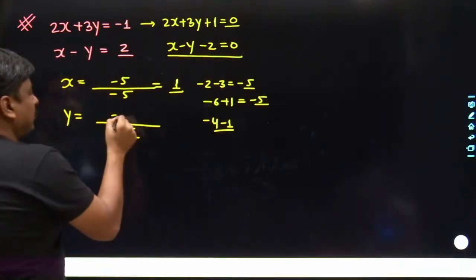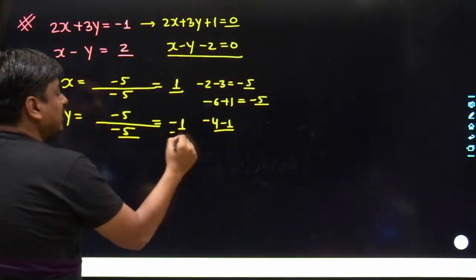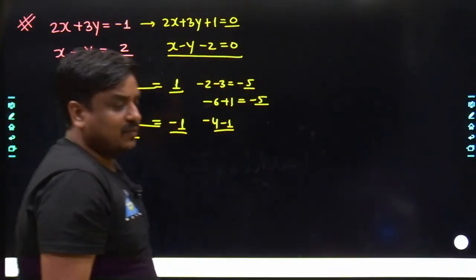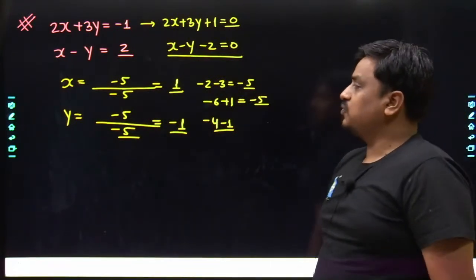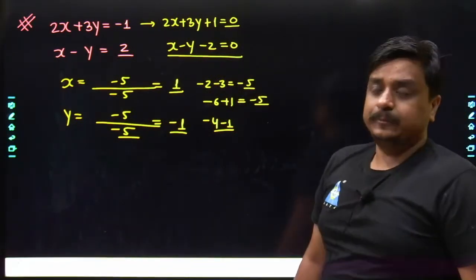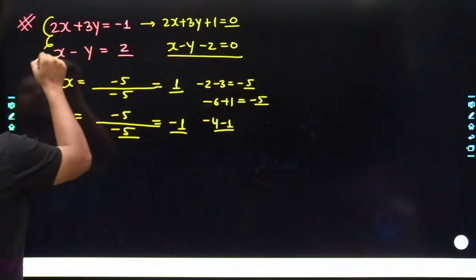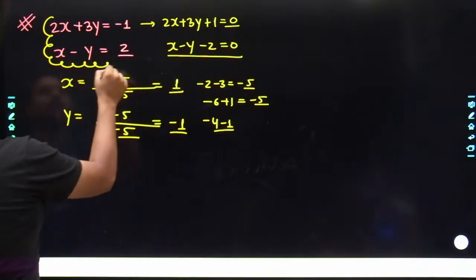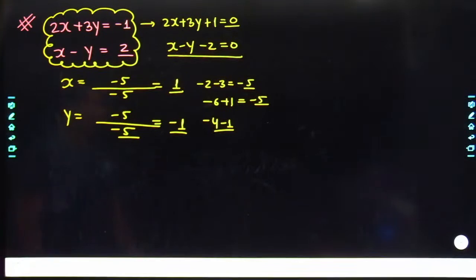So here it's going to be minus 5 divided by minus 5, the result would be 1, but by default the minus sign has to get multiplied whenever you get the value of y. So precisely the value of y which we have got over here is going to be minus 1. If you want, you yourself would be able to see, yes, it has been followed over here.